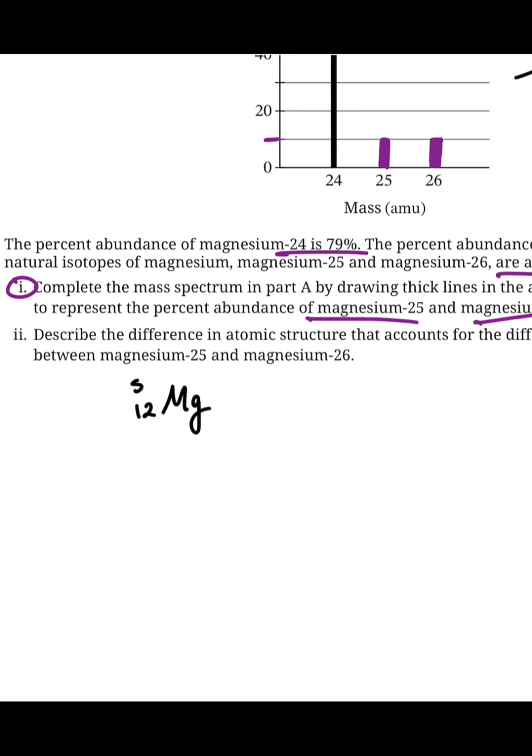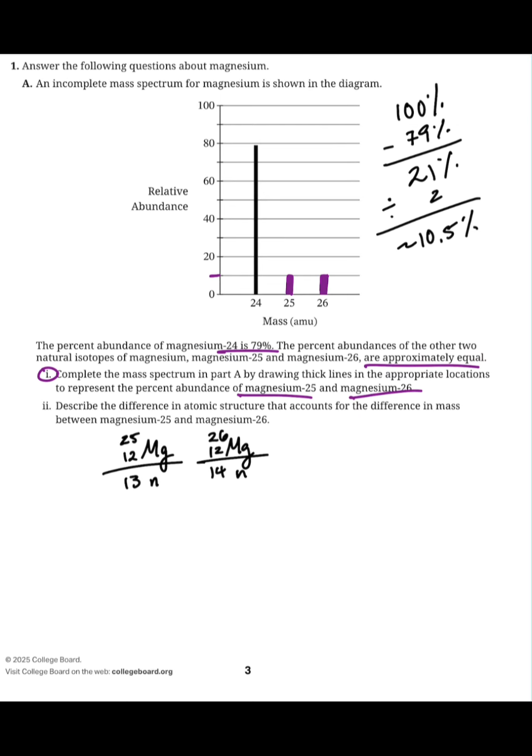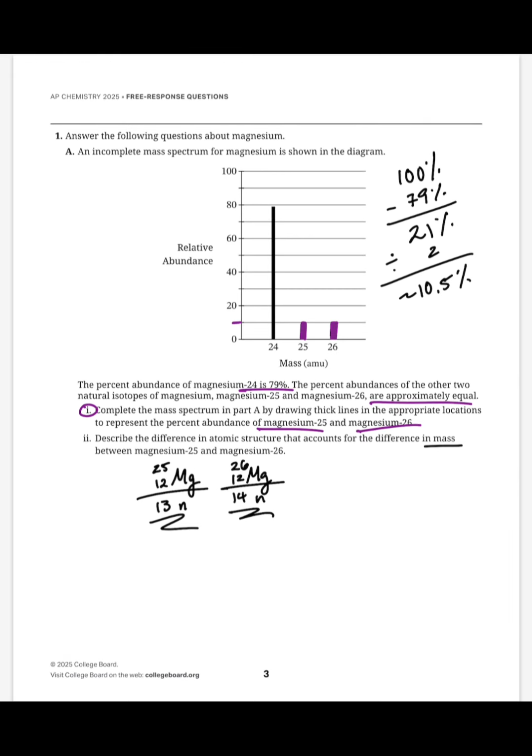So magnesium-25, we find the difference, has 13 neutrons, and magnesium-26 is going to have 14 neutrons. So in terms of the difference in atomic structure, magnesium-26 has more neutrons compared to magnesium-25, and therefore that contributes to the difference in mass between these two.